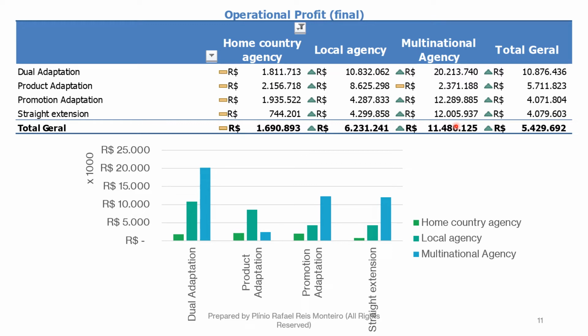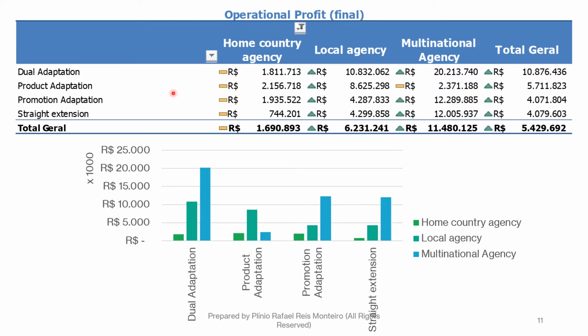Of course, this also needs to be taken into account: most students select multinational agencies to enter big markets where the potential is really high. So in these markets, choosing the multinational agency, especially for dual adaptation, seems to be highly profitable. And it's interesting, we need to check that the student who selected product adaptation with a multinational agency is probably not entering a really big market here.